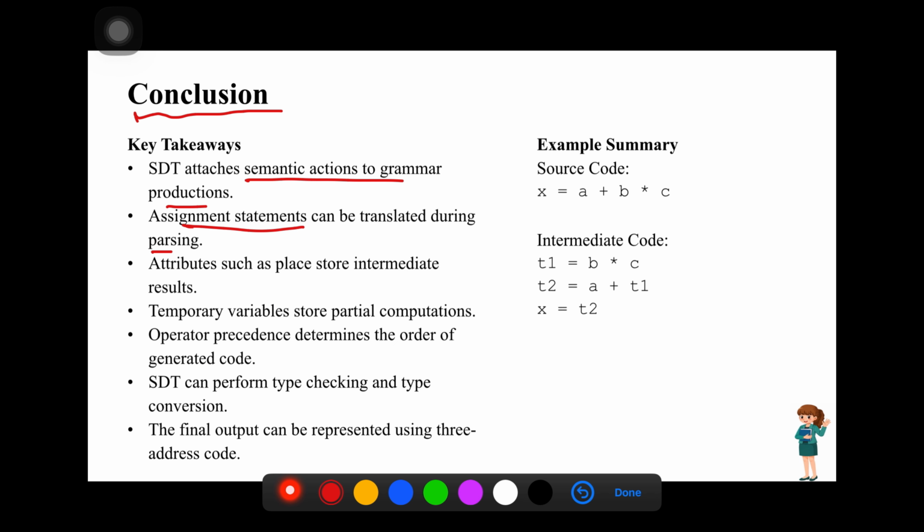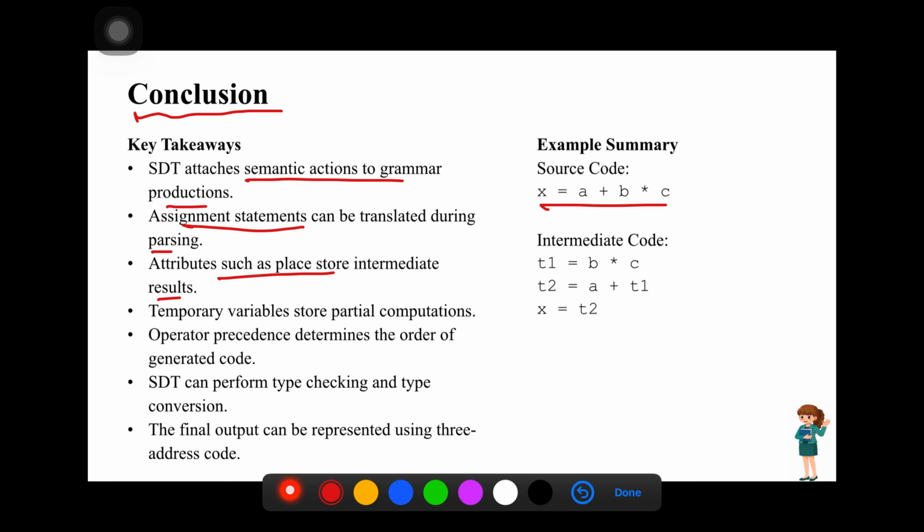It also helps to maintain the operator precedence, performs type checking, and generates the intermediate code. For example, x equals a plus b into c is translated into T1 equals B into C, T2 equals A plus T1, X equals T2.